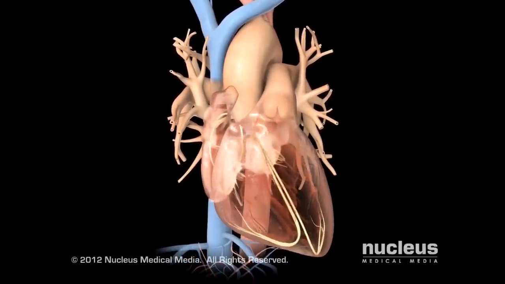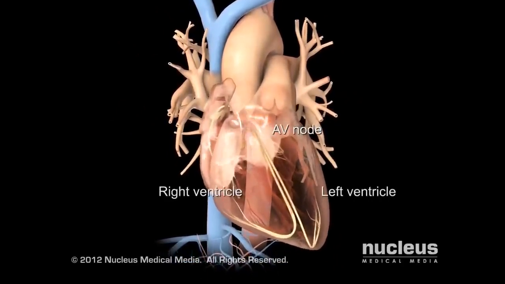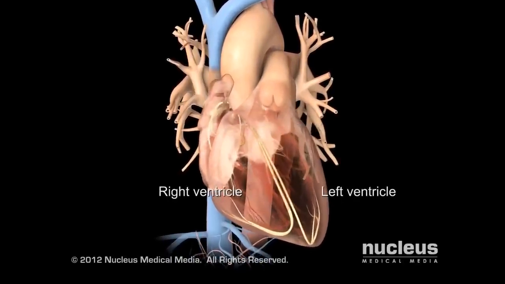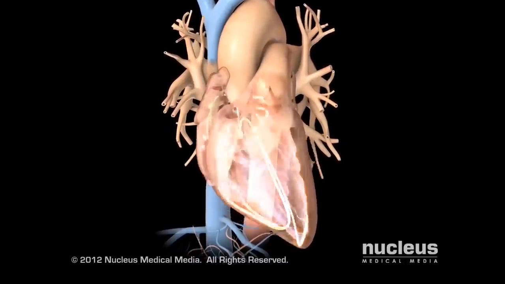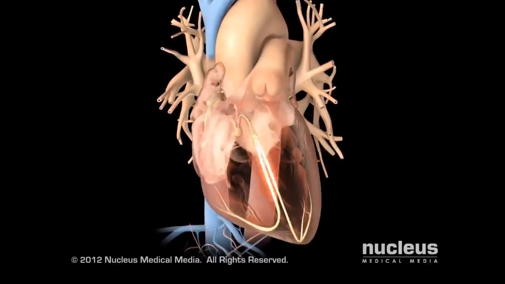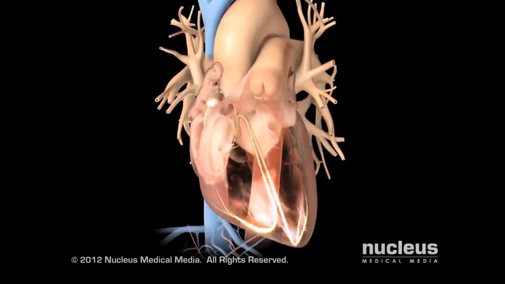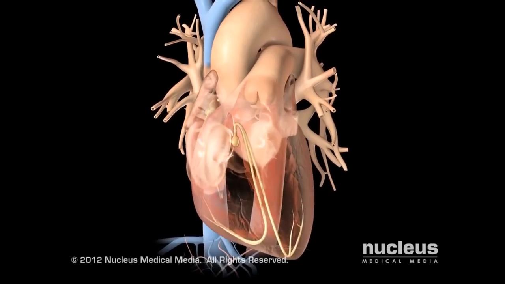The signals bombard the AV node, causing the ventricles to contract rapidly. Even at a faster pace, the ventricular contractions cannot keep up with the rapid atrial contractions, resulting in an uncoordinated heartbeat. After these irregular contractions, the chambers may not empty completely.